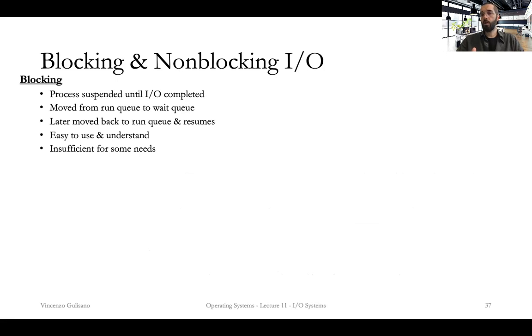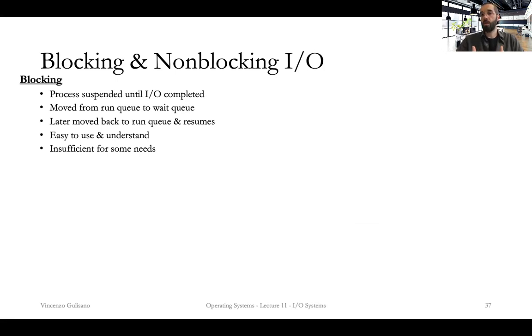Then another thing you can think about when you are designing an operating system and you are deciding the way in which you can communicate with, for example, block devices is the type of communication you have. So you can have blocking or non-blocking. Blocking basically means that you can create APIs that will suspend the execution of the process as soon as that process is trying, for example, to write something to disk or read something from the disk or some other device.